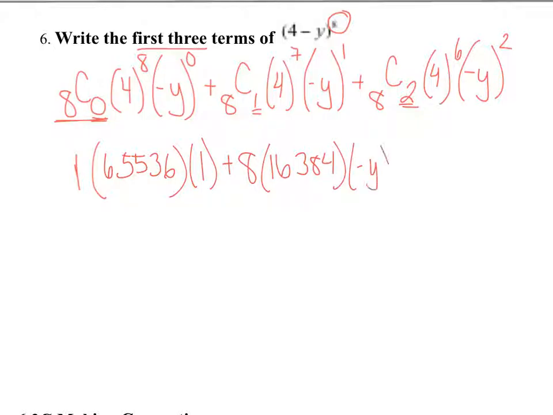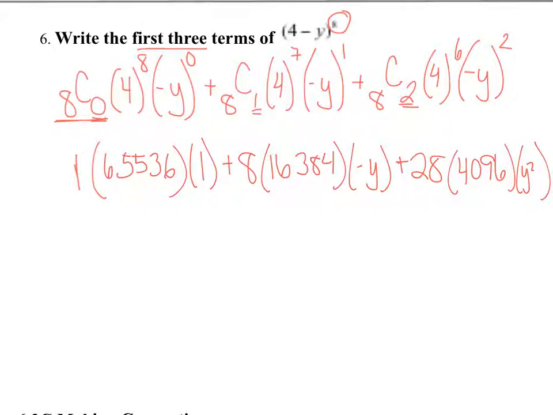And I still have negative y because it's just raised to the 1. 8C2 is 28. And then 4 to the 6th power is 4,096. And then negative 1 y squared becomes positive y squared.